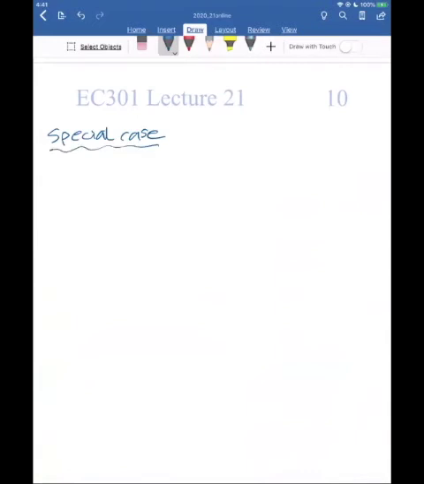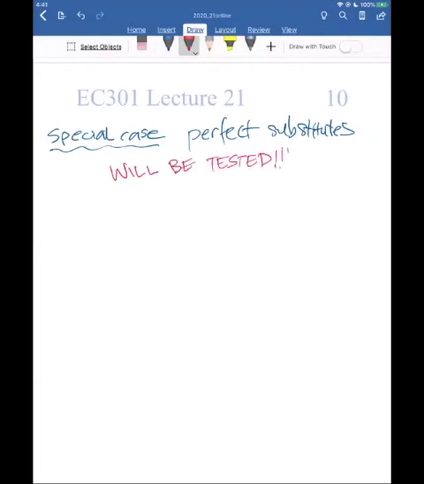We may have a perfect substitutes production function. Two goods are actually substitutable for each other to produce an output. Actually, I can tell you here, even though we didn't go through an example, this one will be tested on the exam.